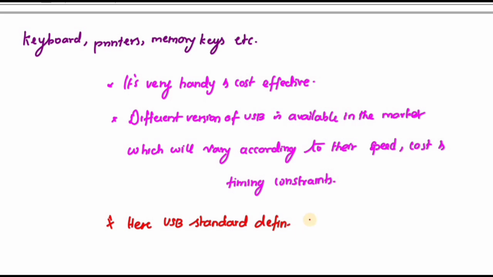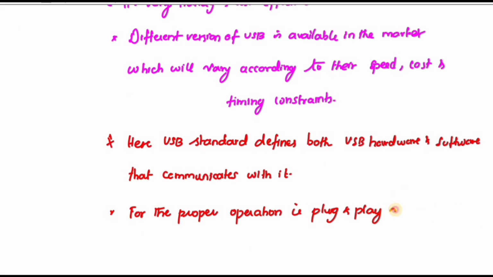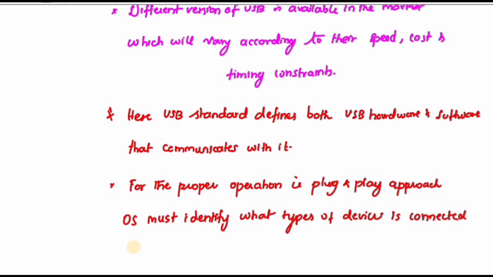Here, the USB standard defines both USB hardware and the software that communicates with it. For the proper operation, that is the plug and play approach, the OS, that is the operating system, must identify what type of device is connected to the port, and it also uses the appropriate device drivers.